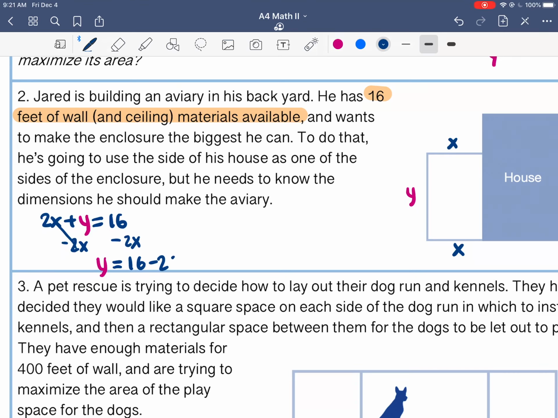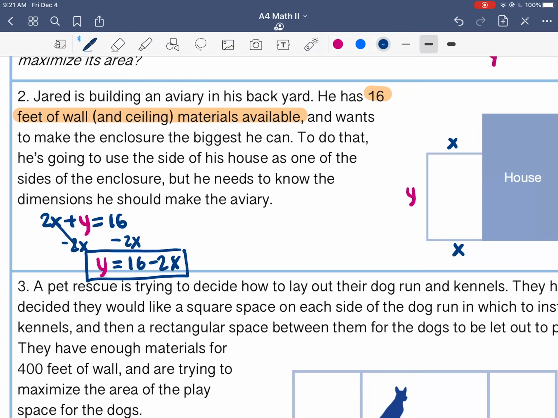16 minus 2x. So we now have this expression that just has the unknown of x, that represents this side of the enclosure. So the dimensions for this will be x is one of the dimensions by 16 minus 2x is the other dimension.